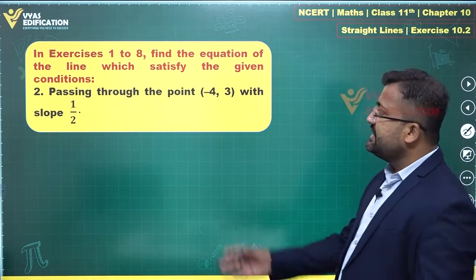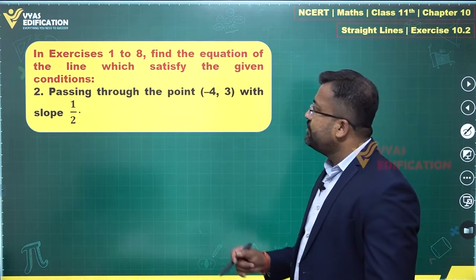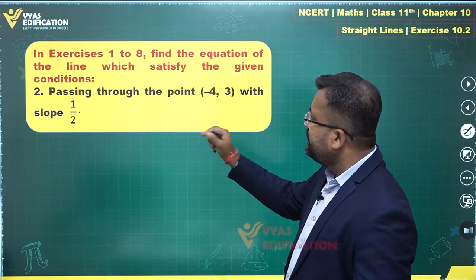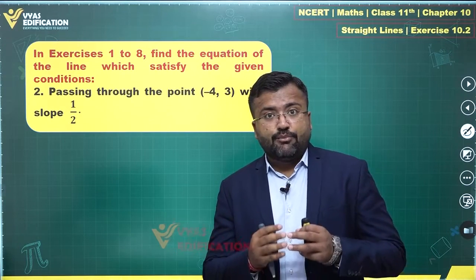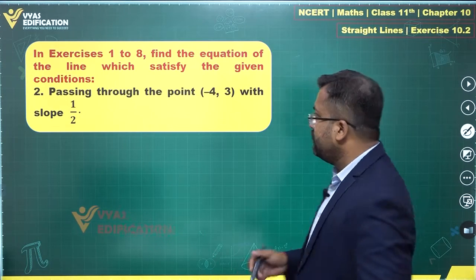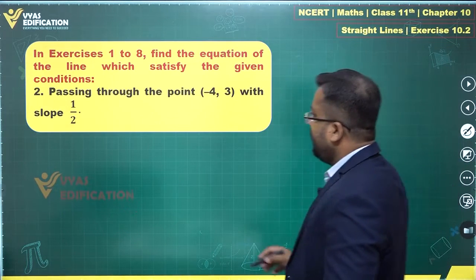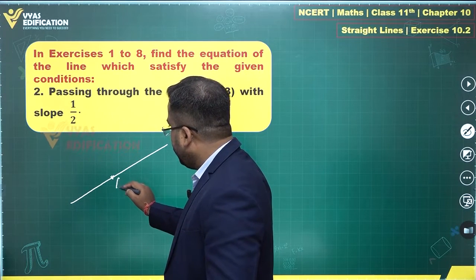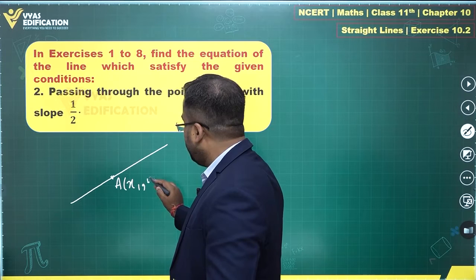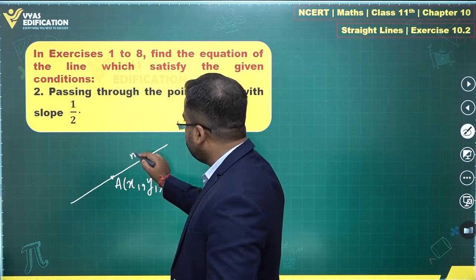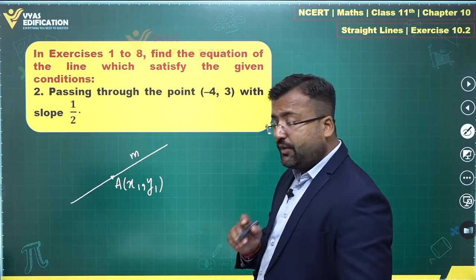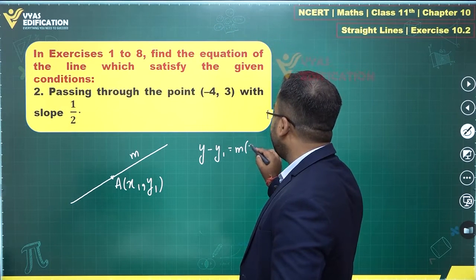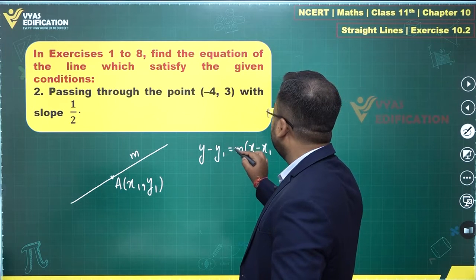The second question says that once again, we are supposed to find the equation of line satisfying given conditions, which says passing through this point with this slope. So you are given a point and you are given a slope. So we'll use something called point slope form. And what does that form say? If you have a line passing through A, x1 comma y1 and having a slope m, the equation will be y minus y1 is equal to m times x minus x1.